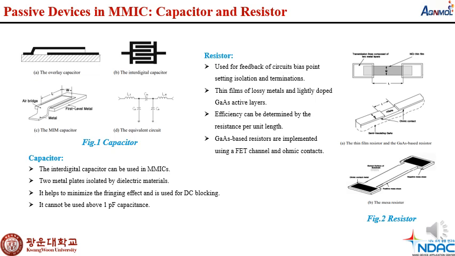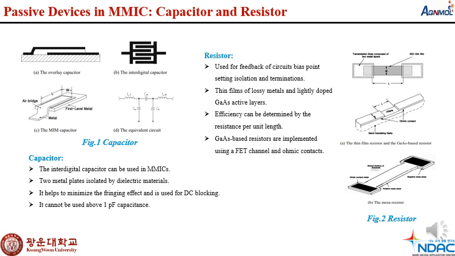Another example of a passive device is the resistor. The resistors are used for the feedback of the circuit, setting the bias point of the active device, for isolation and termination of the power combiners and couplers. This kind of resistor used in MMIC fabrication includes thin film of lossy metal and lightly doped gallium arsenide active layers.